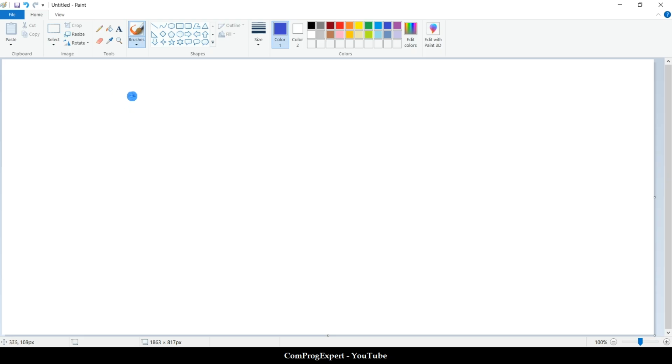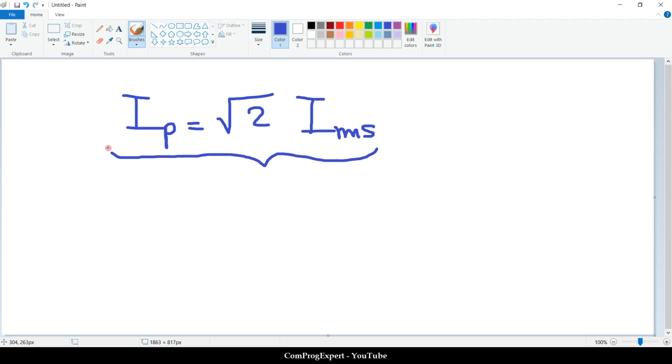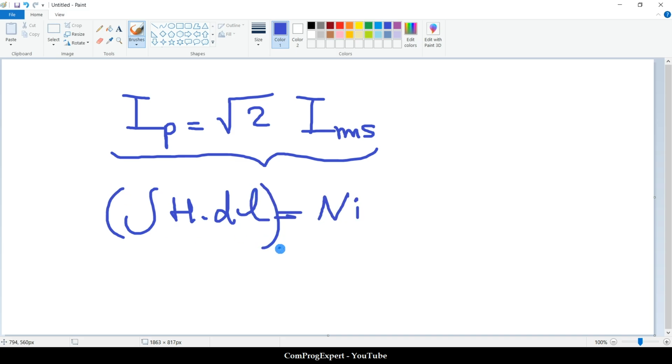You know that the peak value is equal to square root of 2 times the RMS value. Yes. So, the integral of H dot dl is equal to N i, the maximum. The peak value of the magnetomotive force is the peak value of this product.